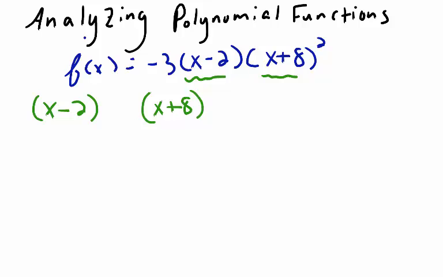First, let's look at the zeros of each factor. To find the zero of each factor, we simply set it equal to 0 using the zero product property and solve for x. So one of our zeros is x equals 2.